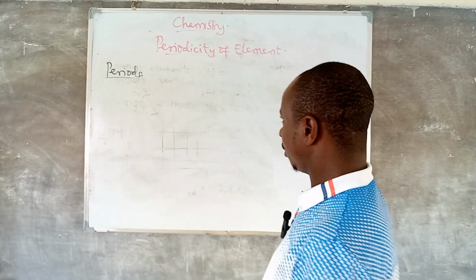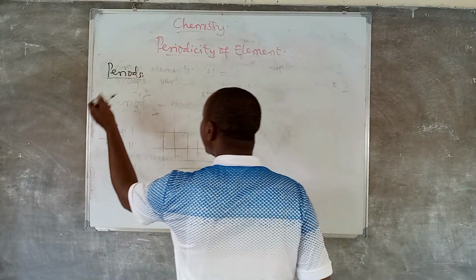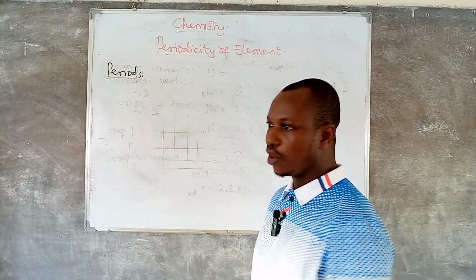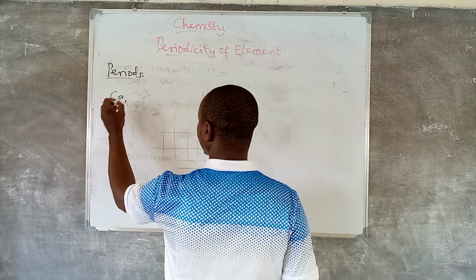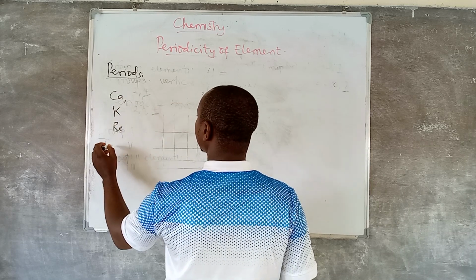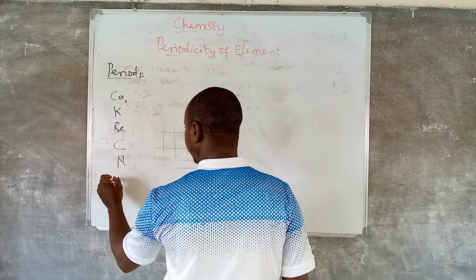Let us see. Like I told you, we have 7 periods. If I want to give an example and ask you to find the period to which an element belongs, I may ask you to consider calcium, potassium, beryllium, carbon, nitrogen, phosphorus.